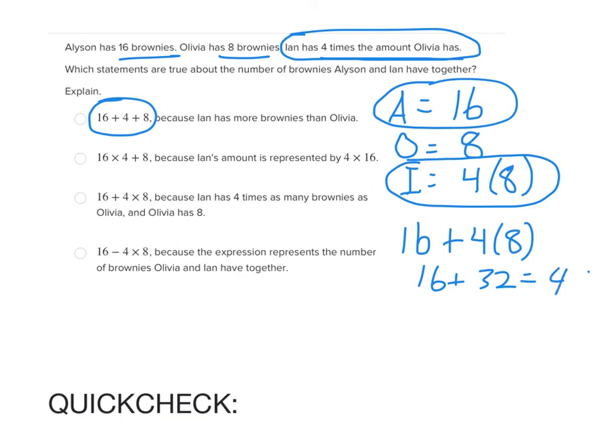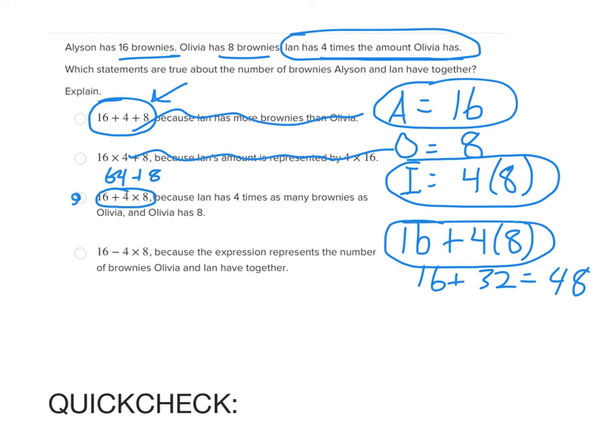It's going to equal 48 altogether. This one right here equals 28. It's not going to be that. 16 times 4 plus 8, that is 64 plus 8, that's 72. Not going to be that. 16 plus 4 times 8, that's exactly what I had written here. It's going to be that. 16 minus 4 times 8, no, that's subtracting. That's not how much they'd have together. So we found our correct answer.